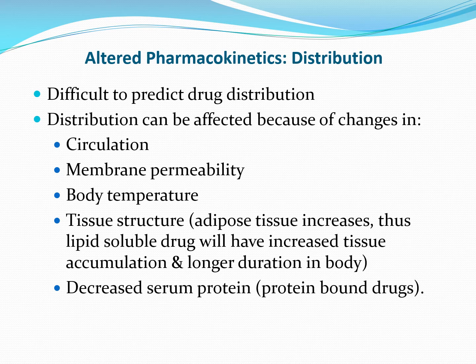So, as you know, distribution can be affected because of the changes in circulation, because there is slow circulation, there is less membrane permeability in older adults, body temperature can change, and the tissue structure itself, the adipose tissue, for example, increases, and therefore the lipid soluble drugs will have increased tissue accumulation and longer duration in the body, so they don't get distributed very easily, as in younger adults.